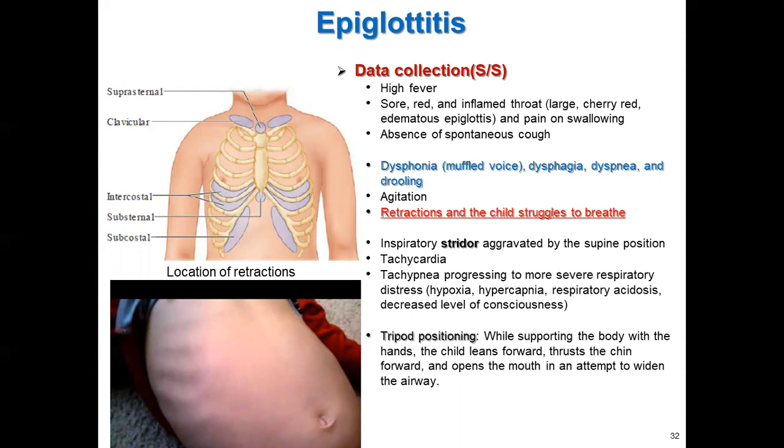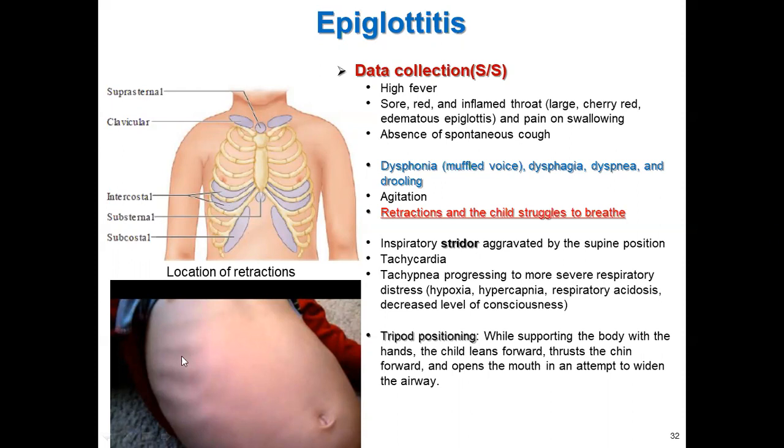But these accessory muscles can participate in respiration if there is any difficulty of respiration. The body tries to compensate. When the body is struggling to get oxygen, accessory muscles participate, and at that time we can see inward and outward bulging of the intercostal muscle, which we call retraction.